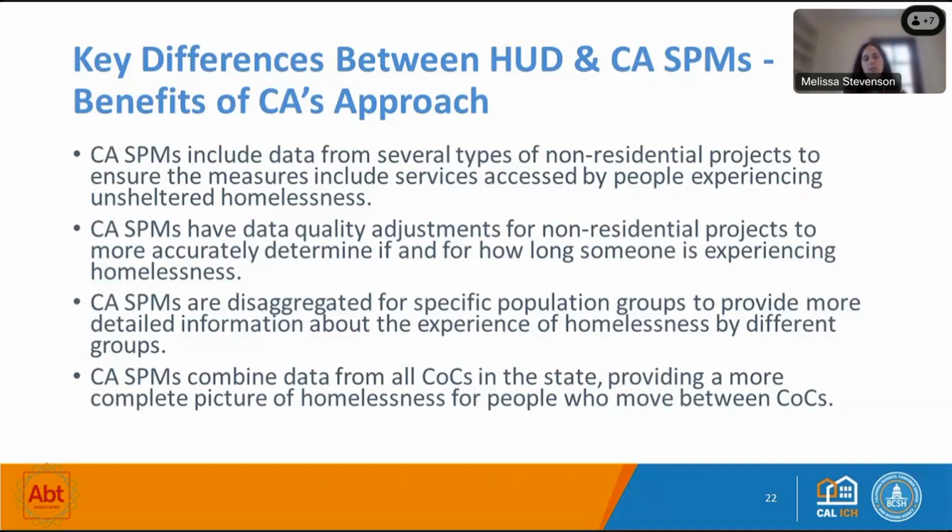So that comes into play mostly with Measure 2 and with Measure 5, returns. Looking at people who are newly homeless and those who return to homelessness, those measures are going to look a little different because we're also factoring in how people experienced homelessness and whether they did in other CoCs.